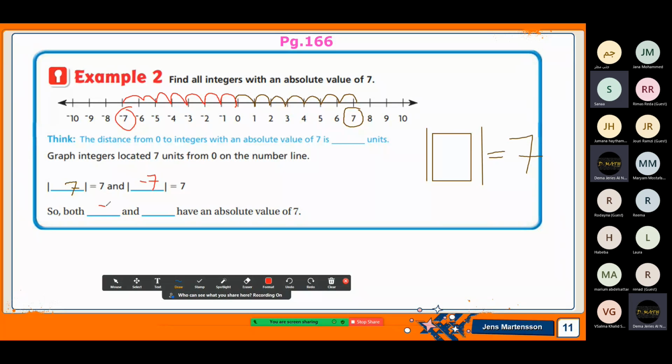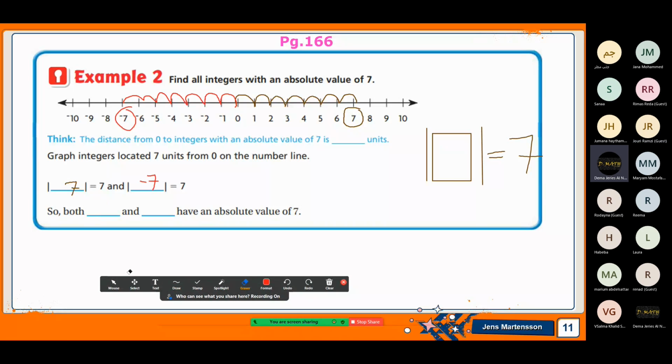So both 7 and negative 7 have an absolute value of 7. Before Julie asks me, do you have it now? Do you get the idea? Yes. Okay. Yes, Julie.